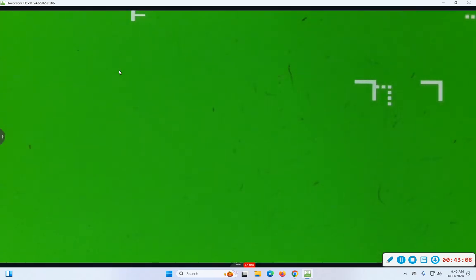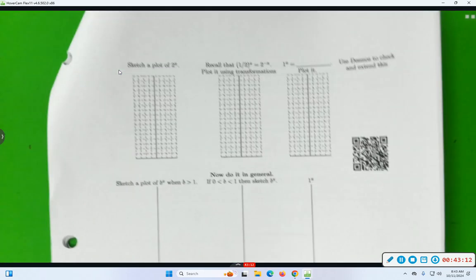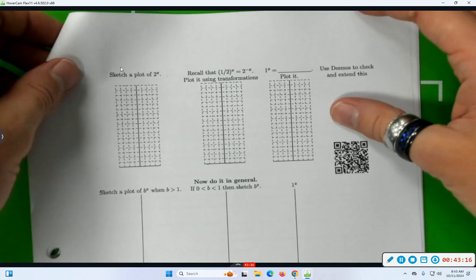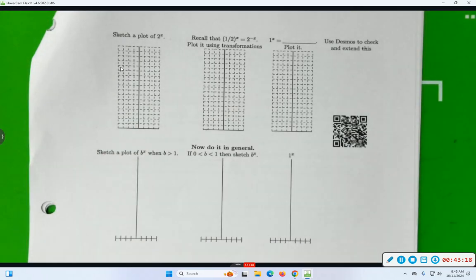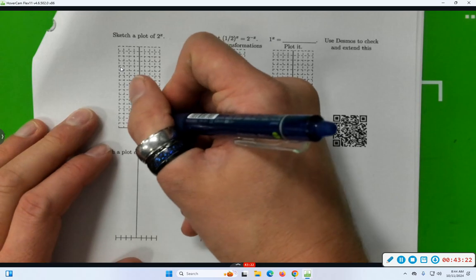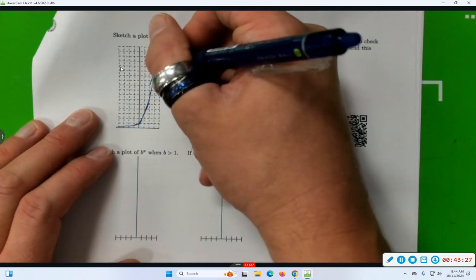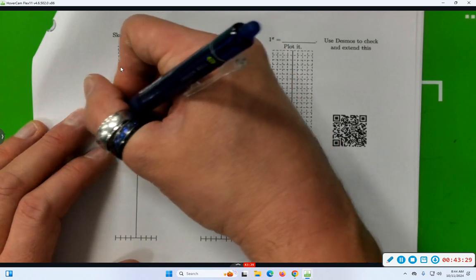So, with that stalling tactic, let's close with a few observations about graphs of exponentials. So here's one. We just developed the graph of 2 to the x on the previous page, and I don't think I want to be super careful about getting it to go through all the points.